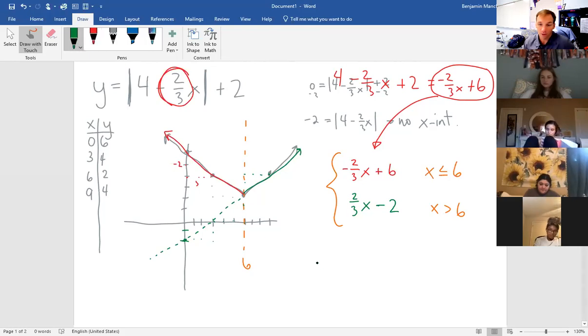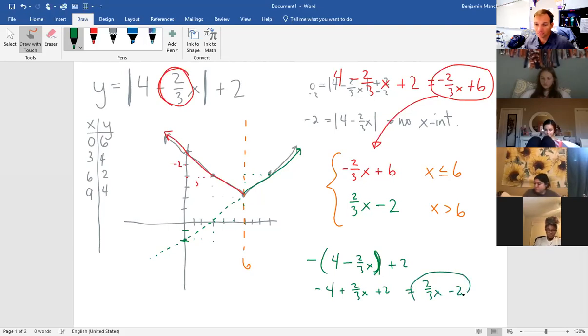Now the other equation is if we make it negative. So the negative of 4 minus 2/3 x, plus 2, so negative 4 plus 2/3 x became 2/3 x minus 2. And that's exactly what we got over here.